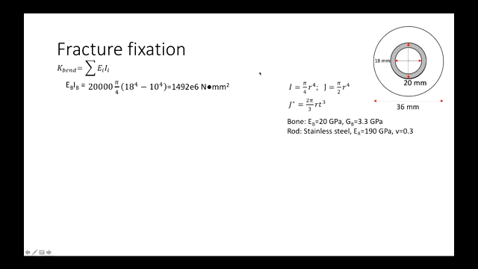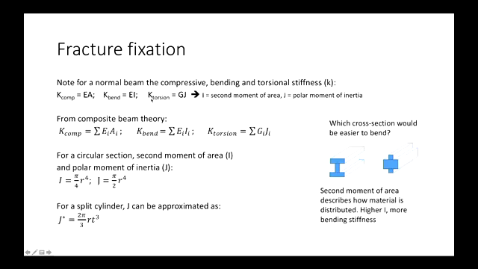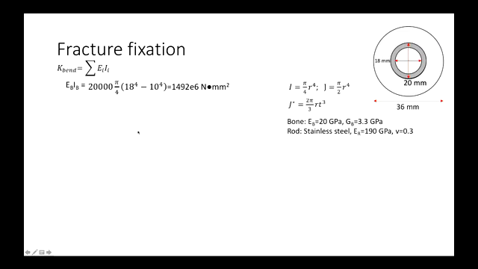To calculate it for a tube, you take the outer diameter's second moment of area and subtract the inner diameter's.